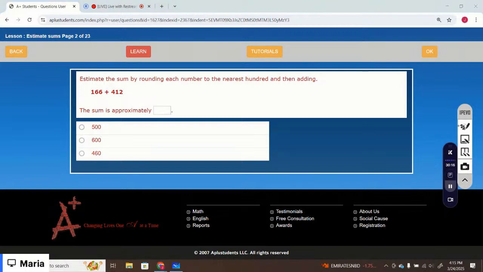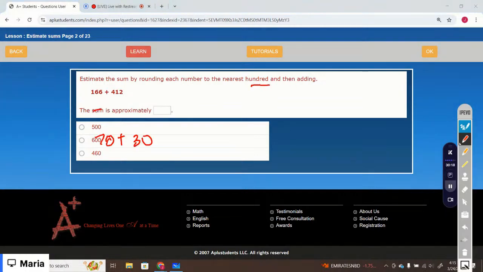So 166, we need to round them to nearest 100, right? So 166, 1 is at the hundreds position, right? After the 1, you have 6. So 6 is greater than 5, so it would be rounded up to 200.